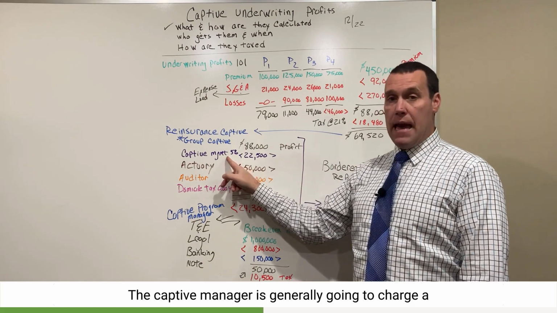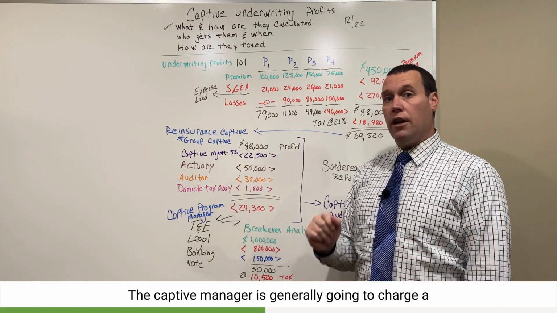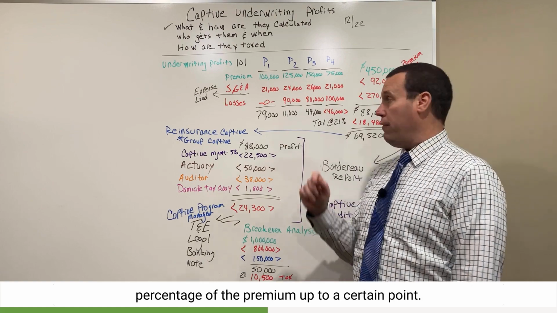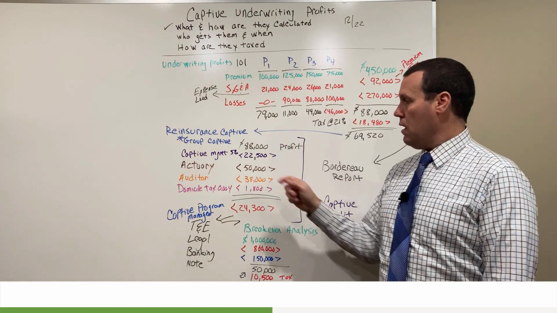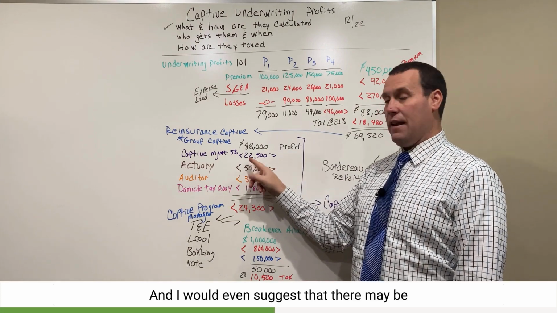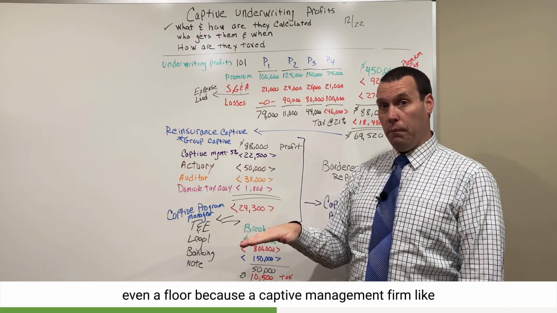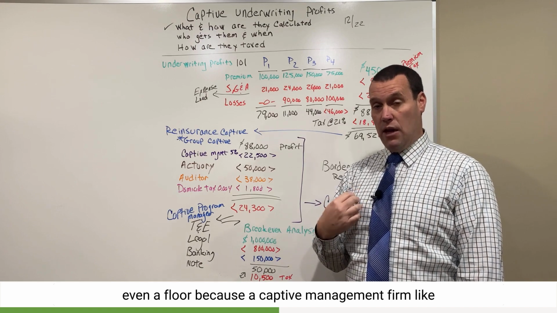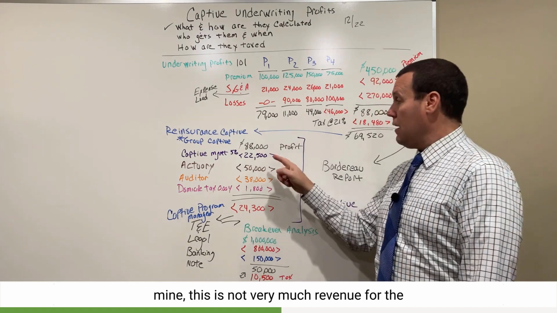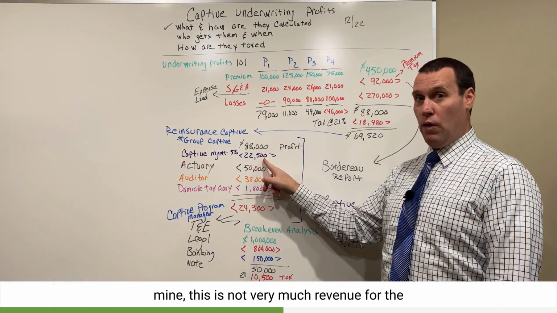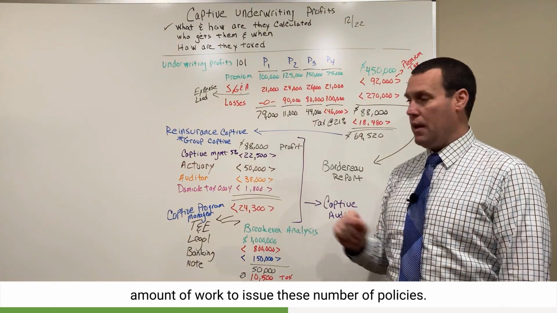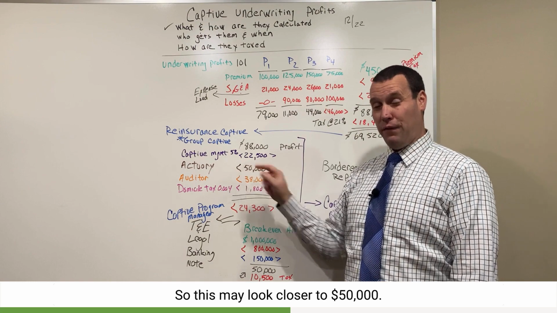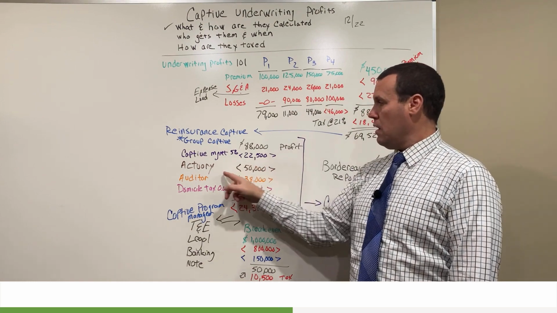The captive manager is generally going to charge a percentage of the premium up to a certain point. And I would even suggest that there may be a floor, because for a captive management firm like mine, this is not very much revenue for the amount of work to issue these policies. So this may look closer to $50,000.